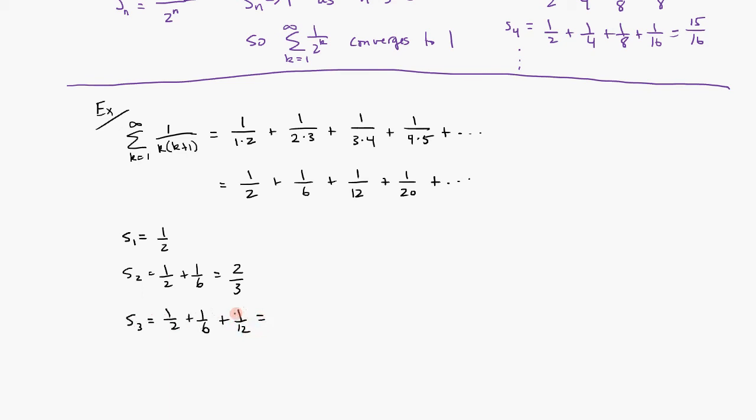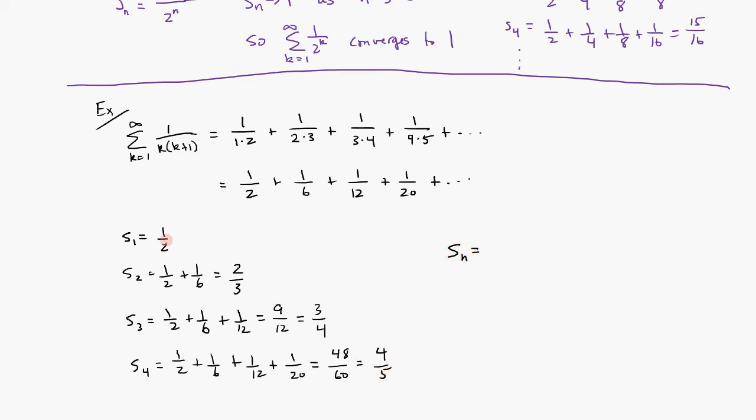Again, if you add it together, you get 9 over 12, or 3/4. S4 is 1/2 plus 1/6 plus 1/12 plus 1 over 20. And again, if you add it together, you get 48 over 60, or 4/5.